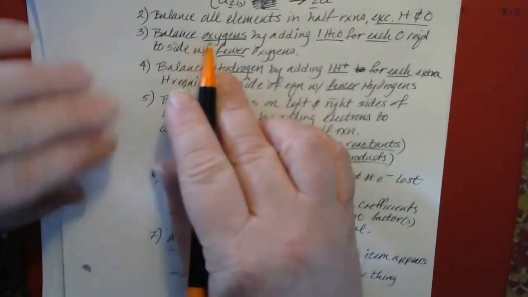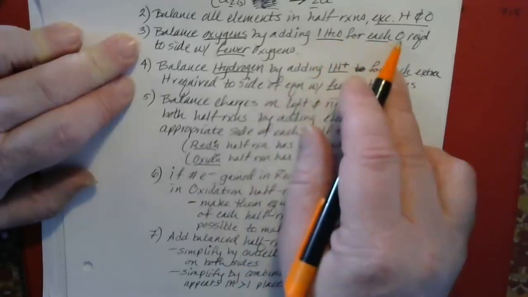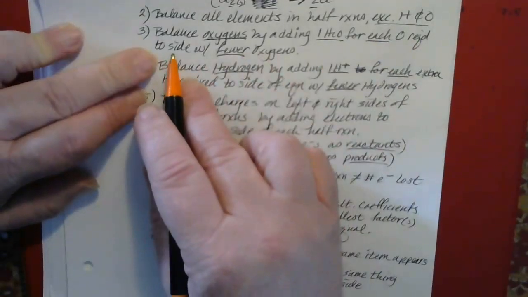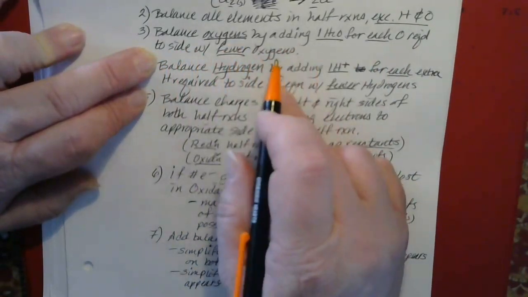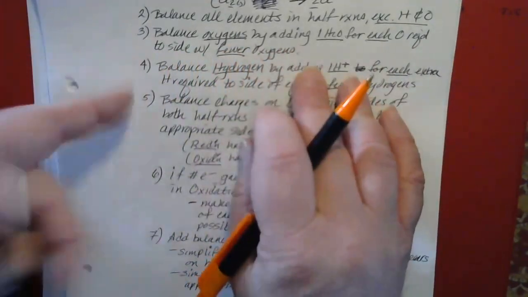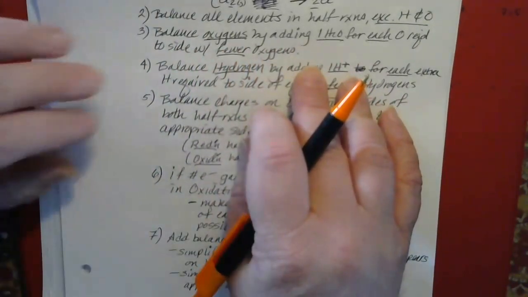Okay, then you'd want to balance the oxygens by adding 1 H2O for each oxygen required, and you'd want to add those to the side with fewer oxygens. So if you need 2 more oxygens on the reactant side, you would add 2 H2Os to the reactant side.